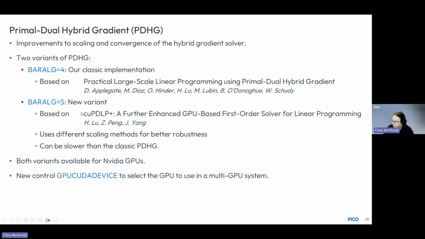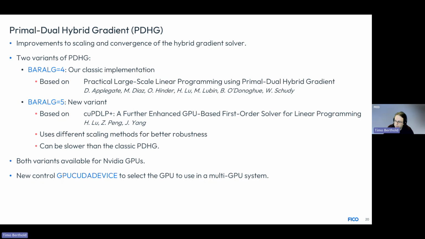It's a different flavor of PDHG, if you wish. It's generally more robust, but it's not universally superior to the other one. It solves a different flavor of problem, and in fact it can be slower in some instances.